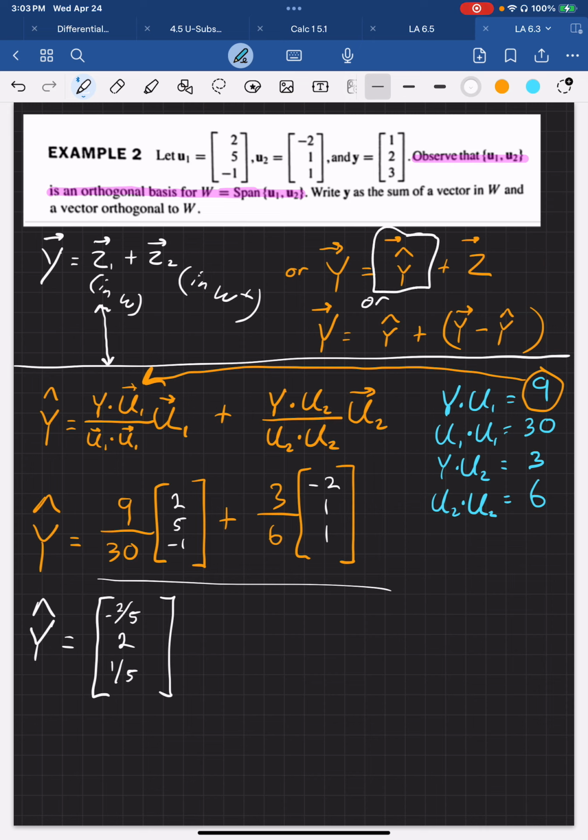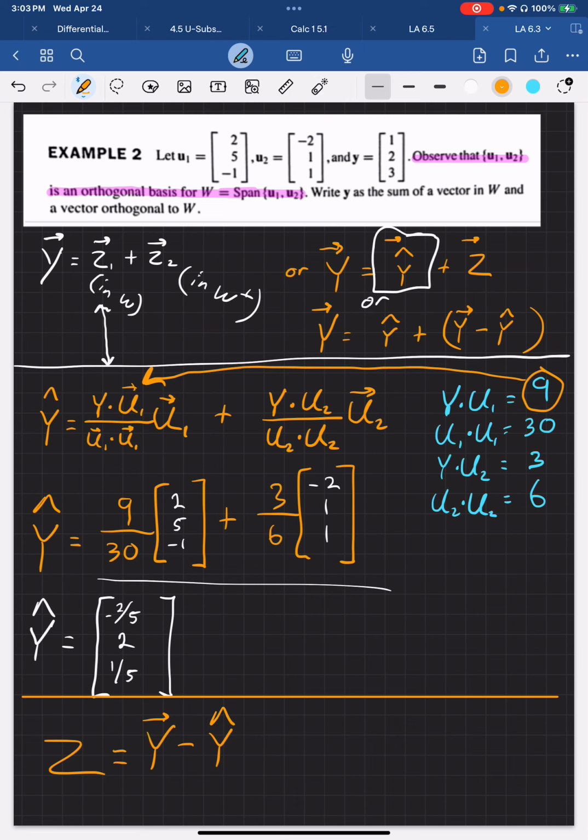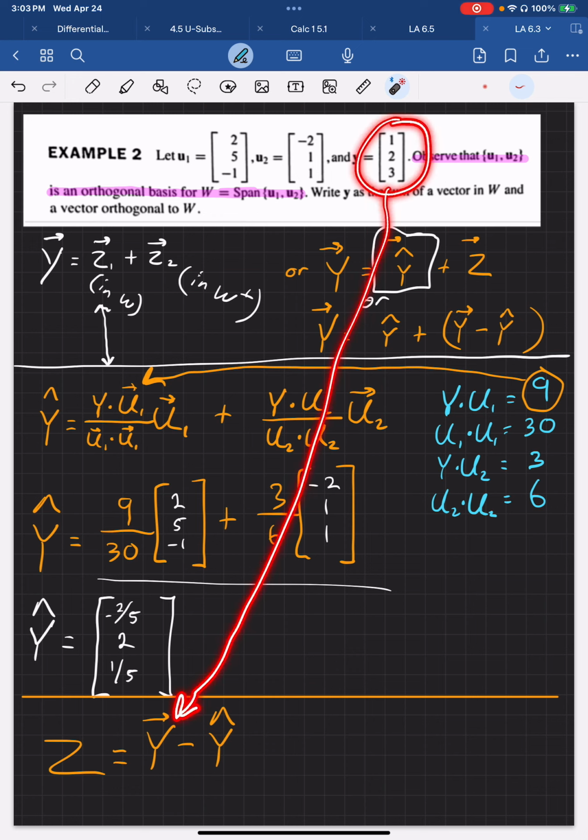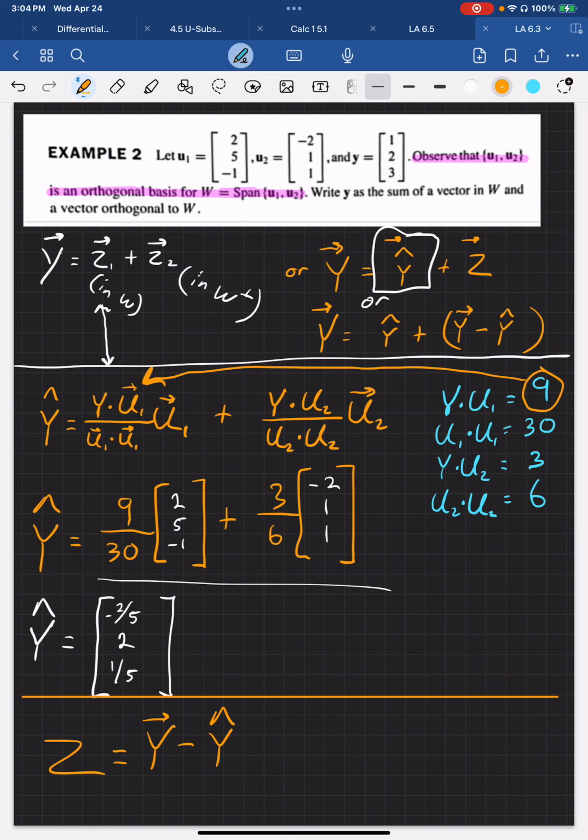What we need now is z. This is actually very quick. Since we've defined z as y minus y hat, we're almost done. You agree with me that we know y, and we now know y hat. So we're going to drag and drop, and when we're done, we will have z.